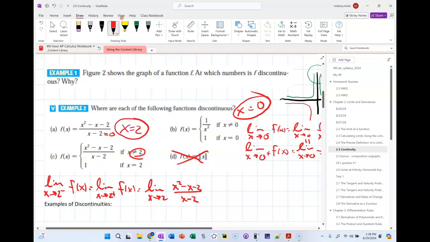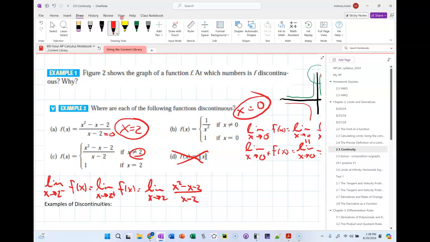We have that, right? So if I try doing a direct substitution, I'm going to get 4 minus 2 minus 2 over 2 minus 2, so 0 over 0. That tells me nothing, right?